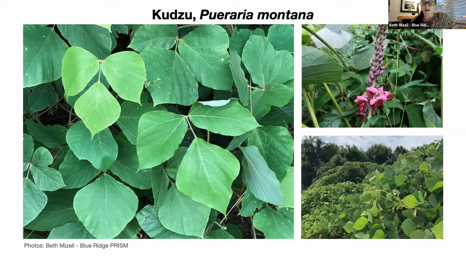The vines are climbing, coiling, and trailing. The young stems are covered in fine hairs. It has compound leaves with 3 leaflets, and each leaflet is about 6 inches long, and it's medium to light green. The leaflets are lobed and hairy underneath, and you can kind of see some of the lobing in the photo to the left.